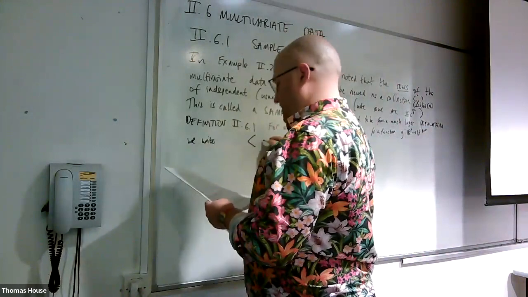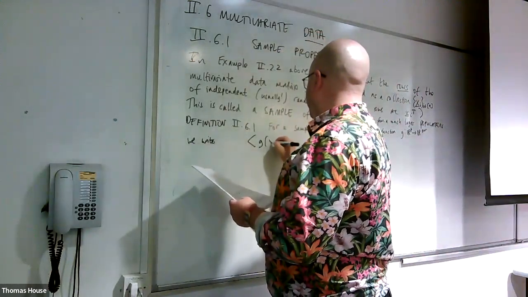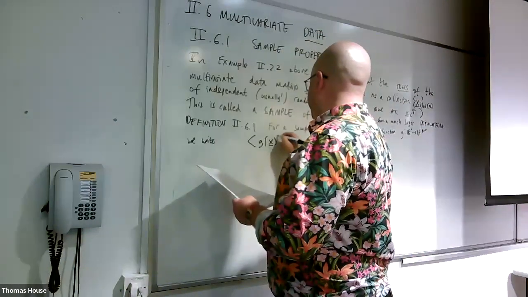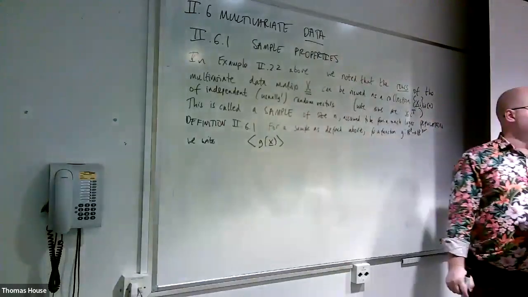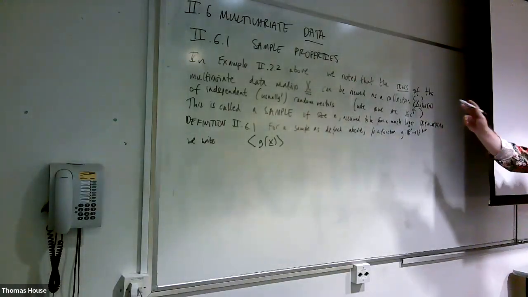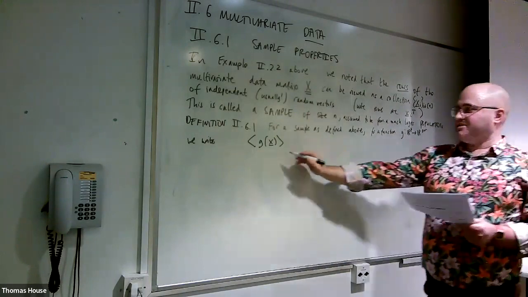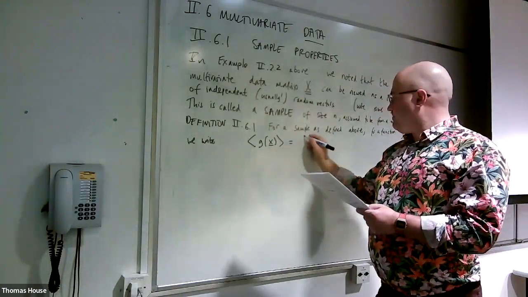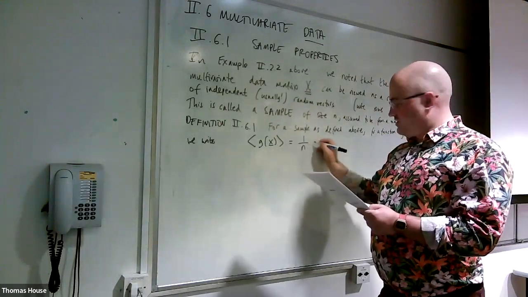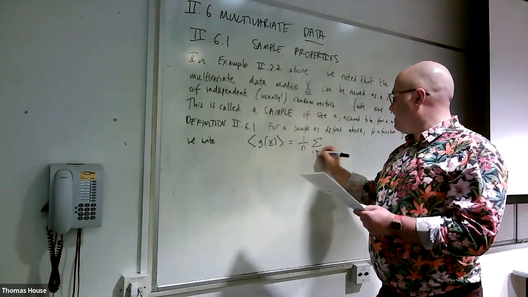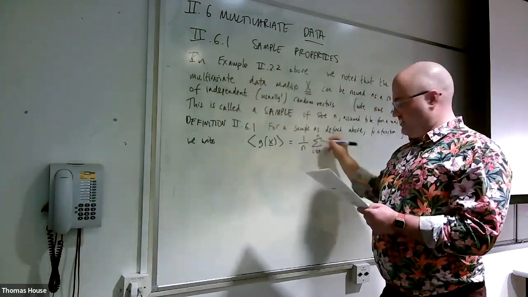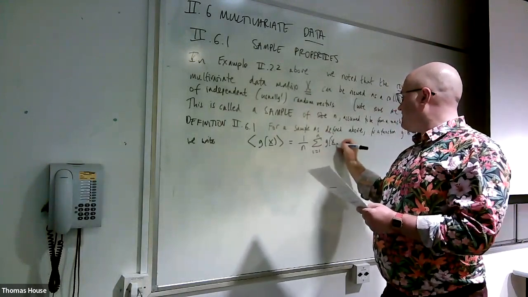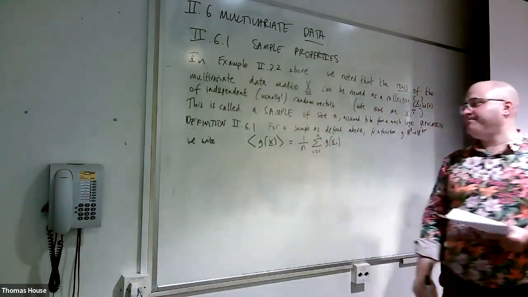We write, and we're going to use the angle brackets on this function G of X, and this works because we're assuming that all of the rows are the same kind of X. I'll talk a bit more about the notation in a second. It's the average, 1 over n, of G of each of the x_i's, right?